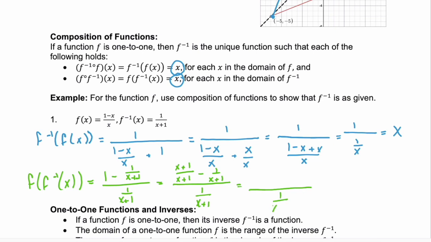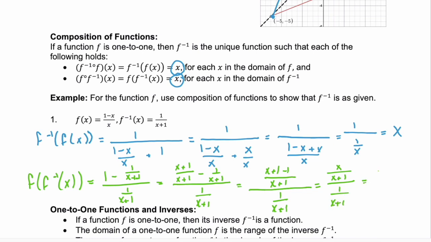Concentrating on the numerator, we'll leave the denominator alone. The numerator, we have a common denominator of x plus 1. So we can combine the numerators, which is x plus 1 minus 1. That'll simplify to x over x plus 1, over 1 over x plus 1.